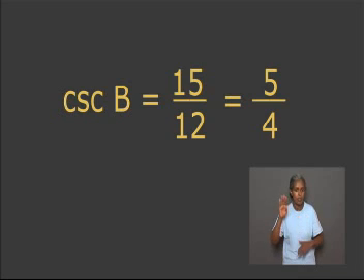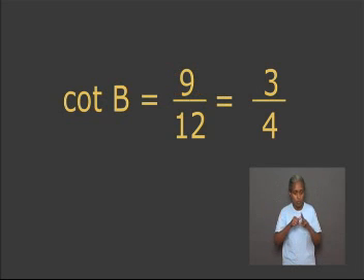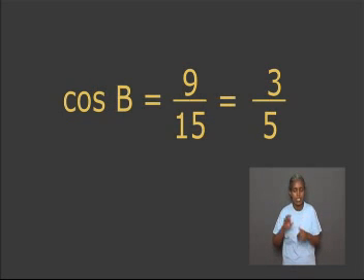The cosecant of angle B is also 15/12, or 5/4. The cotangent of angle B is 9/12, or 3/4. And finally, the cosine of angle B is 9/15, or 3/5. If you answered each question correctly, great work.